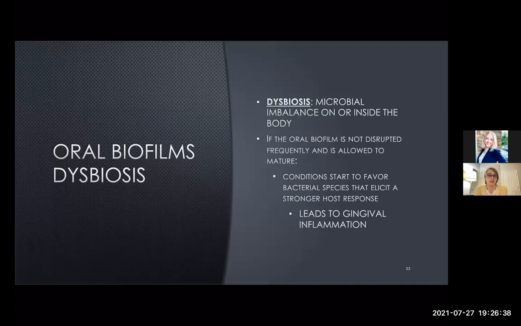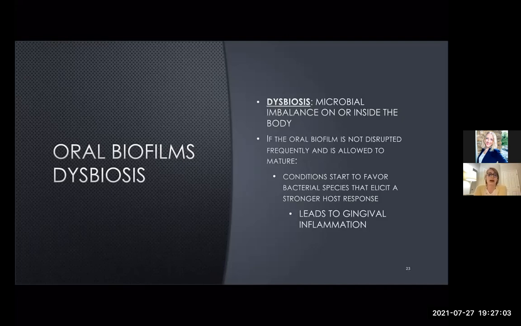Now, dysbiosis, this is where there's an imbalance, either on the body or inside the body. So remember, your skin is also covered in tons of bacteria. And if we get a cut, we're worried about that bacteria getting into our bloodstream. So that's why our skin is our first line of defense against disease.